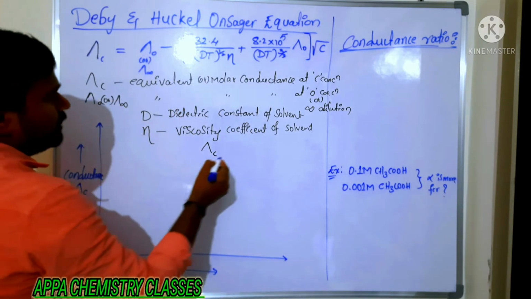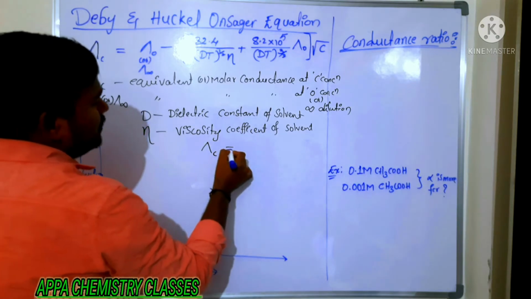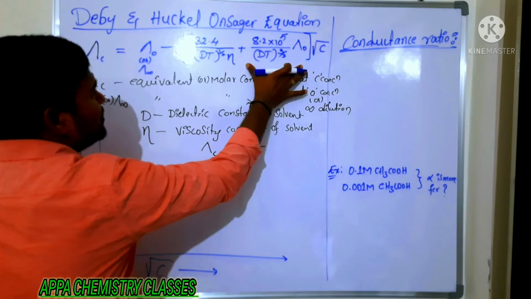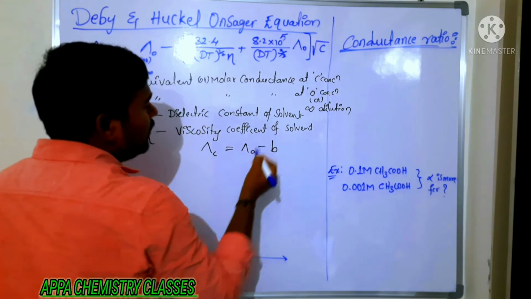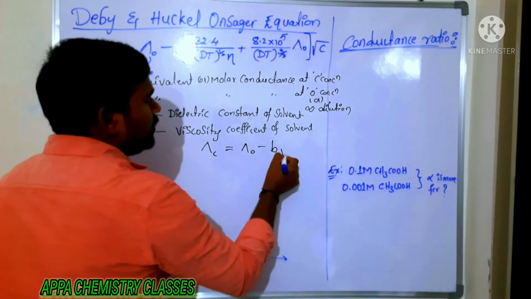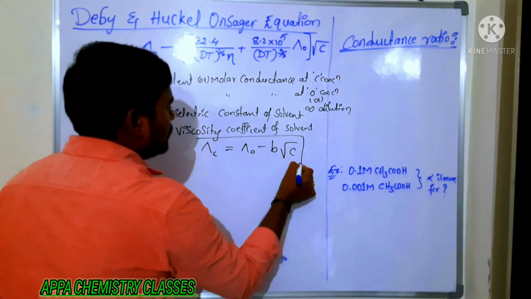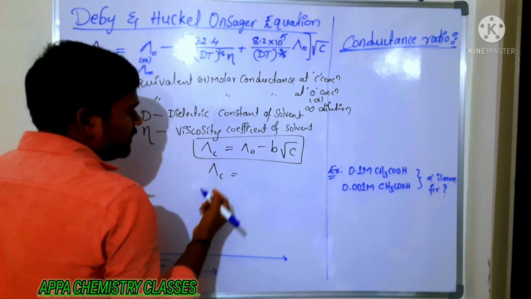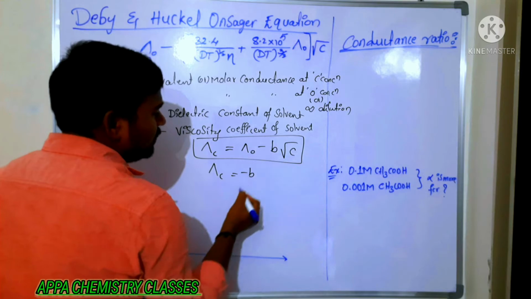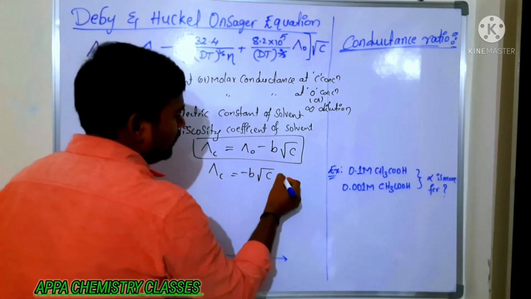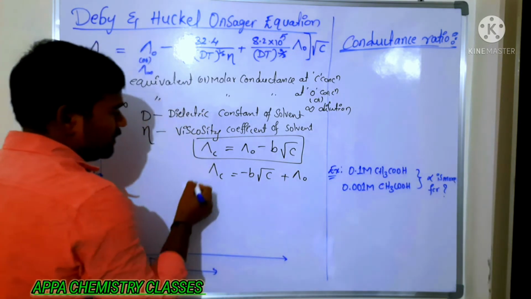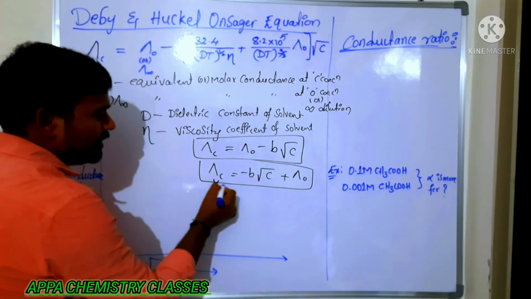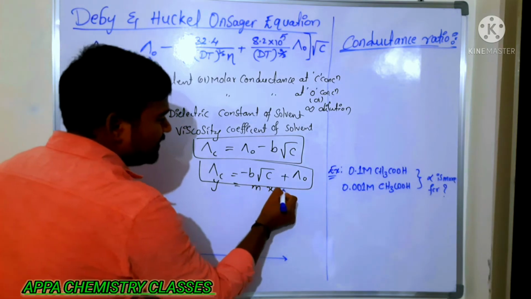So equivalent conductance is equal to nu naught minus the whole square bracket value, which I am considering as B, square root of C. So simply I am writing like this: equivalent conductance at a particular concentration is equal to minus B square root of C plus equivalent conductance at zero concentration. So how is it? Y is equal to mx plus c form.